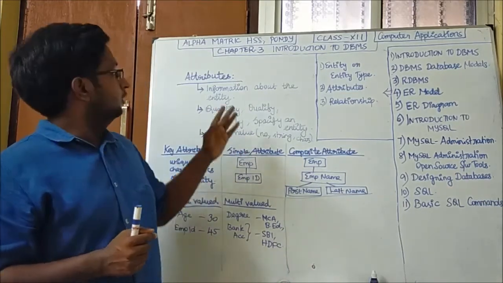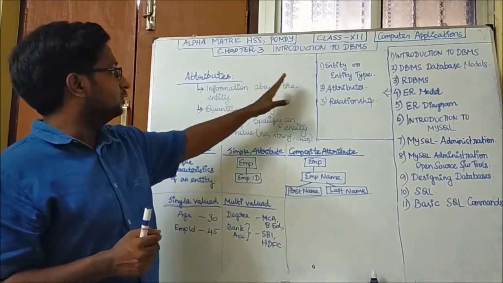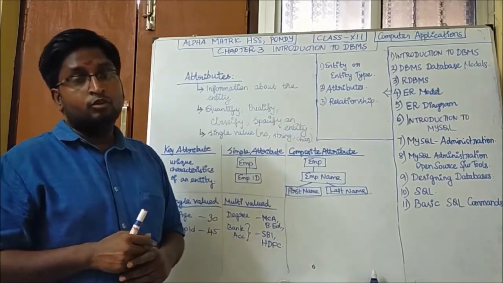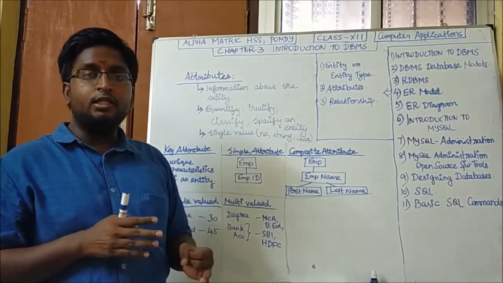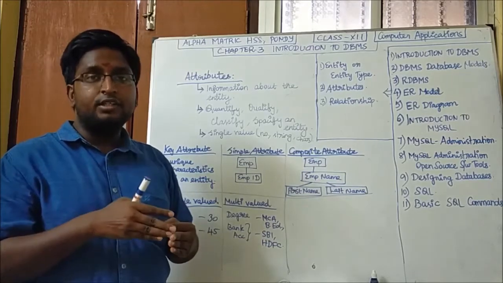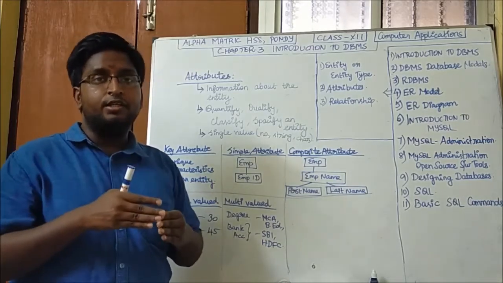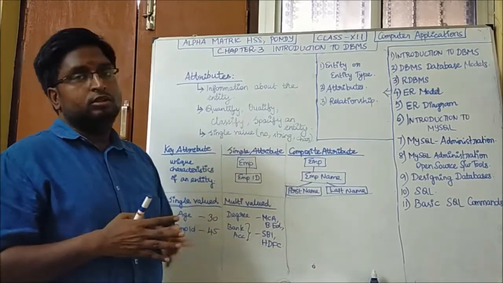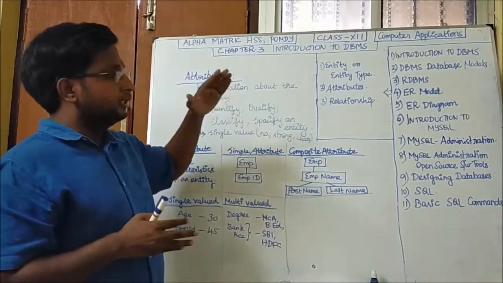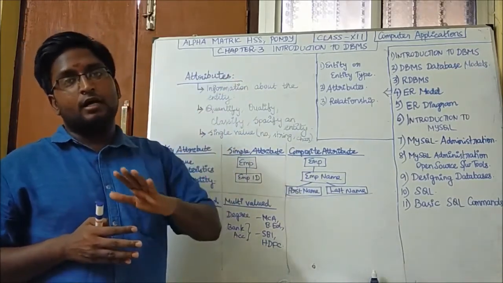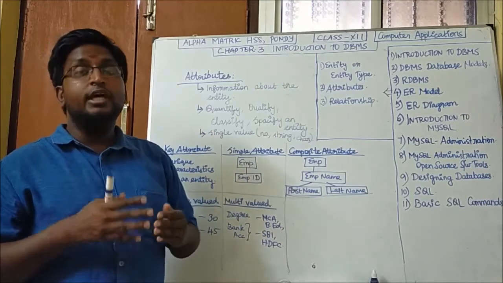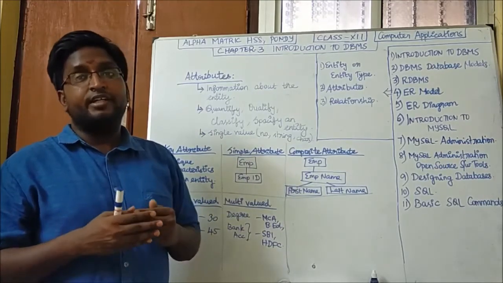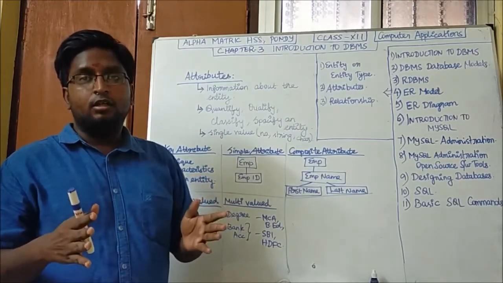Same thing here: it is information about the entity. It quantifies, qualifies and classifies the entity and specifies the entity in a table. For example, how many entities are there in a table, and how the entities are classified, differentiated and segregated.